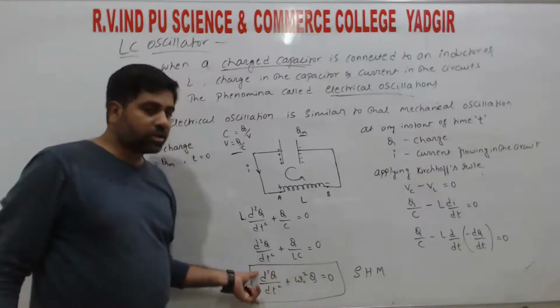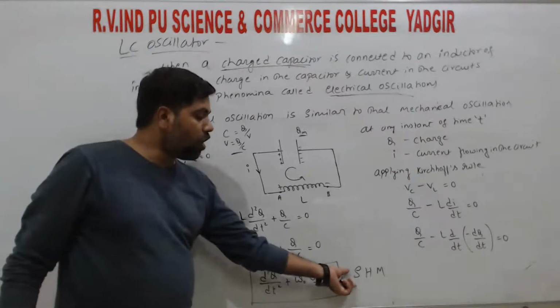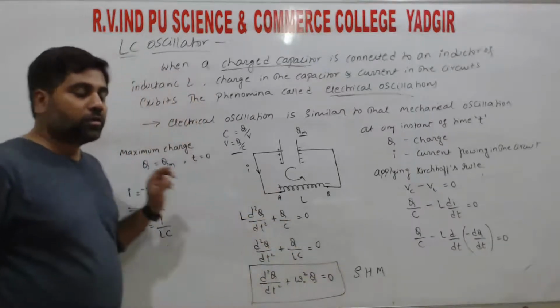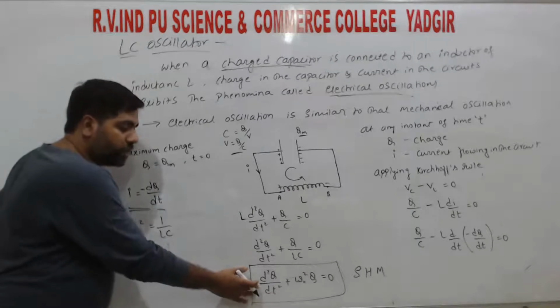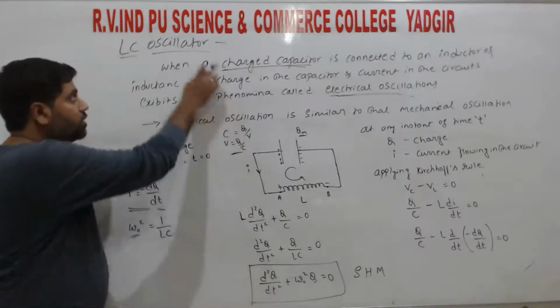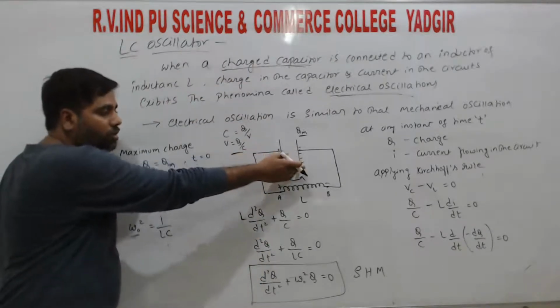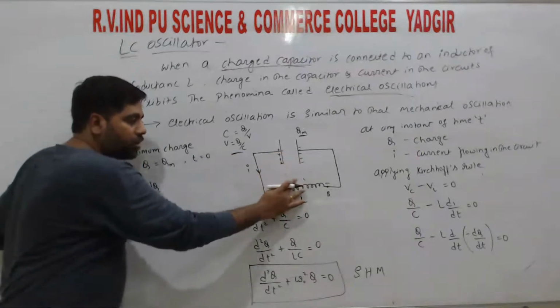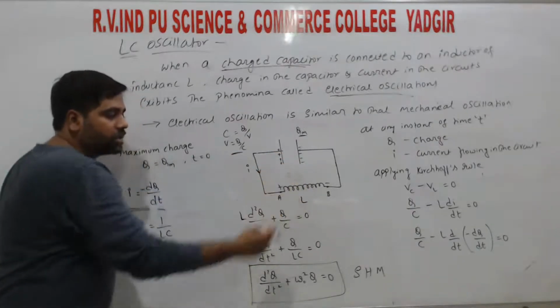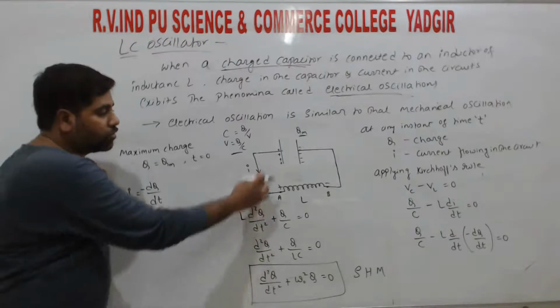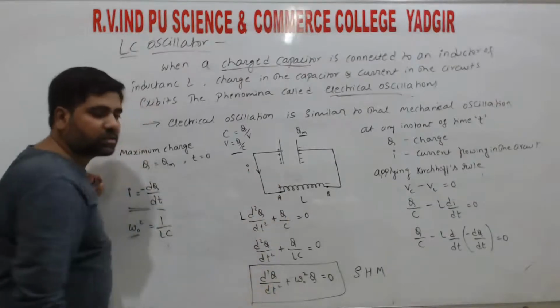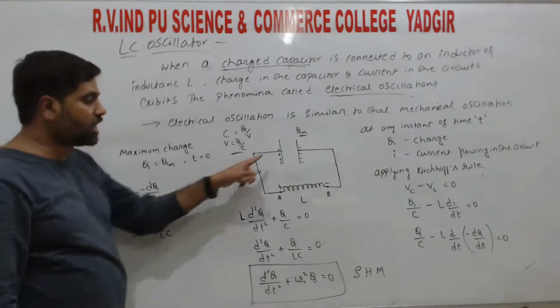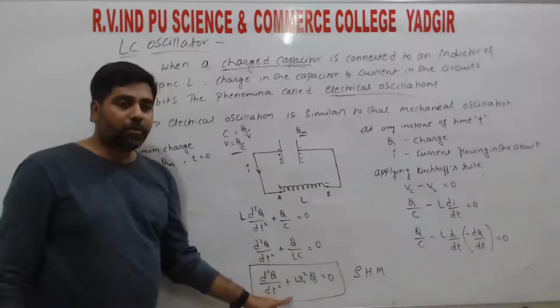So what does this equation represent? The simple harmonic motion, right? So from this equation we can say that in an oscillator, that is a capacitor connected to the inductor, it exhibits simple harmonic motion, that means the charges exhibit simple harmonic motion.